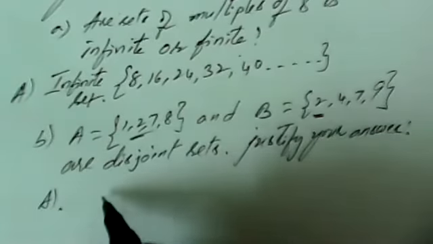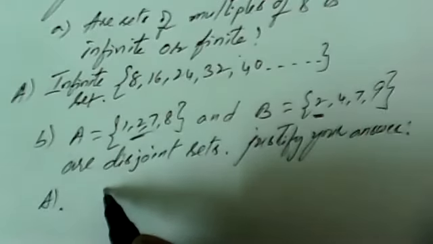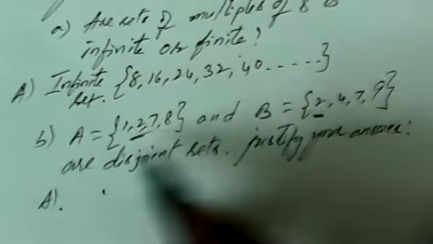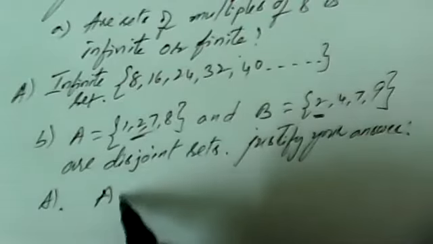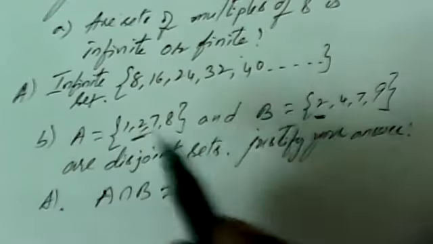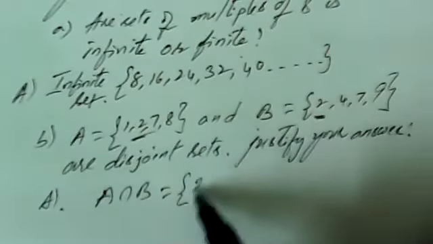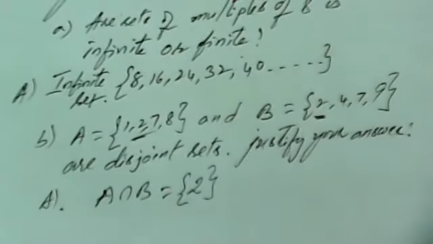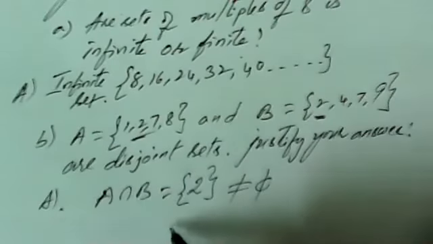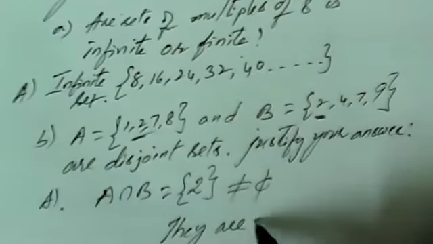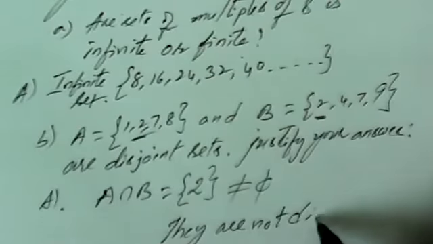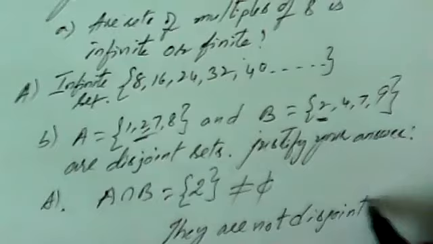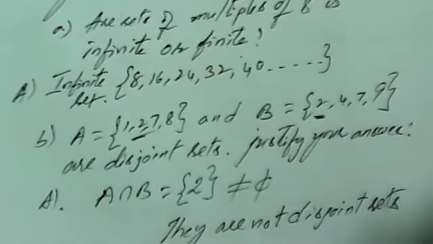Two sets are said to be disjoint if their intersection is empty. But if you take the intersection, you are getting 2. So A intersection B gives you the common element, that is 2. So it is not empty. So they are not disjoint sets. Okay, write down this answer.